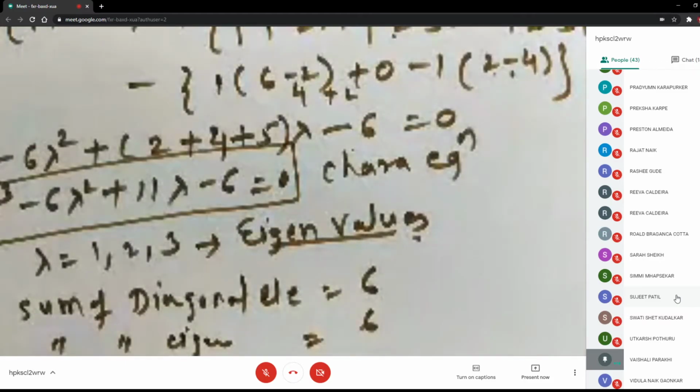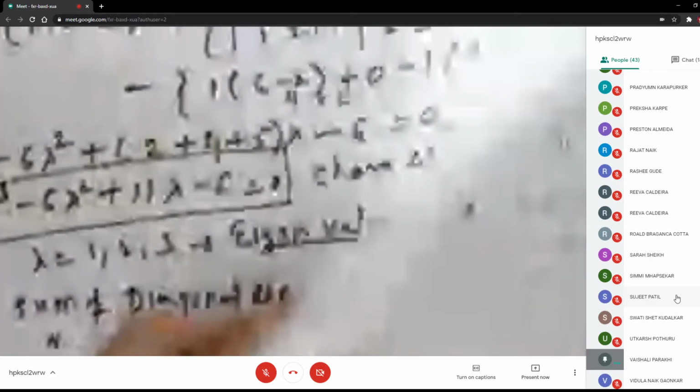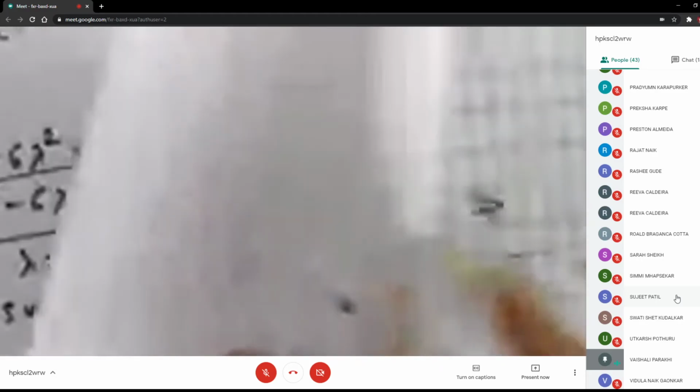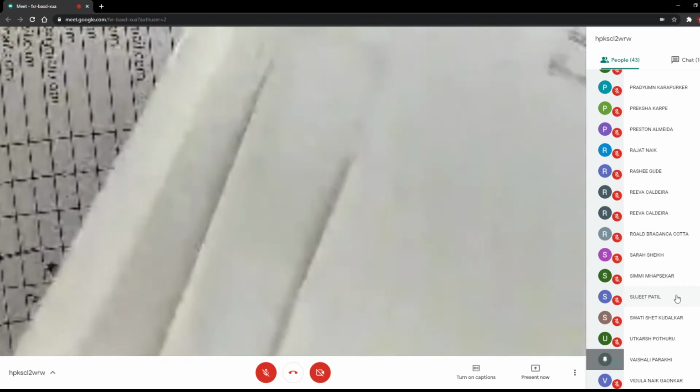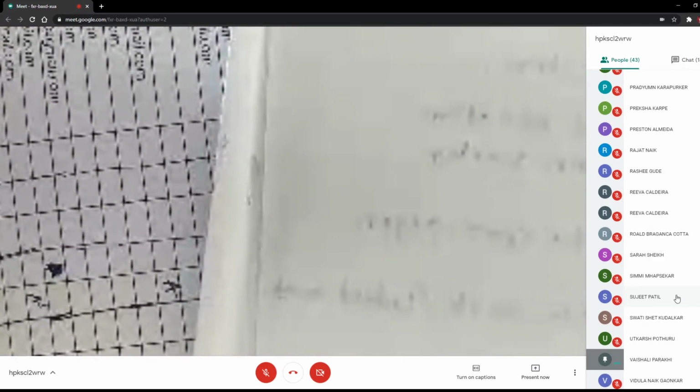Now let me tell you a few properties of eigenvalues, students. What are the properties which you need to know about the eigenvalues? Okay, so you can write like this. Properties of eigenvalues.